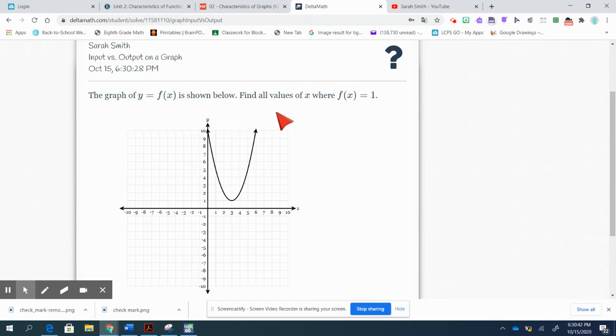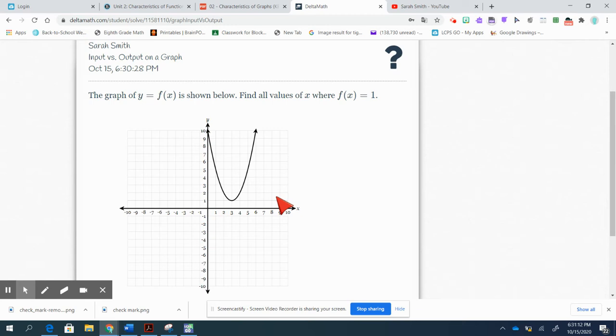So remember that y and f of x are the same thing here, and that if we had a number inside the parentheses, that would be our x value. So we have our y value of 1, and we want to know all of the x values when y is 1. So here y is 1. Then we're going to come across, and we're going to see that right there, when y is 1, x is 3.